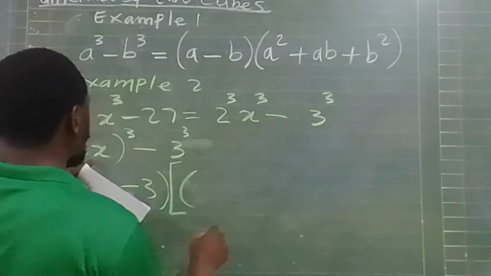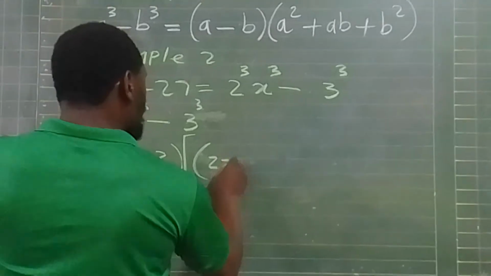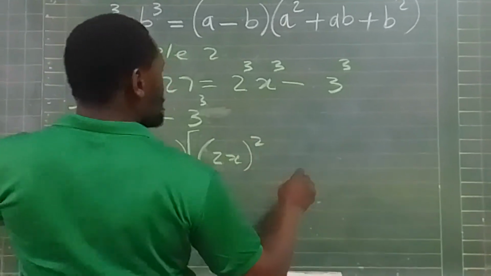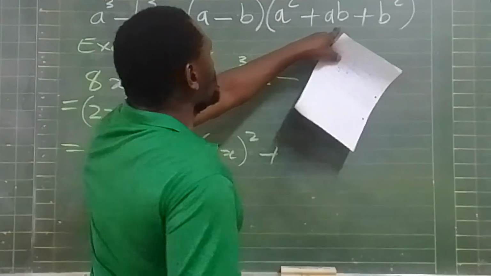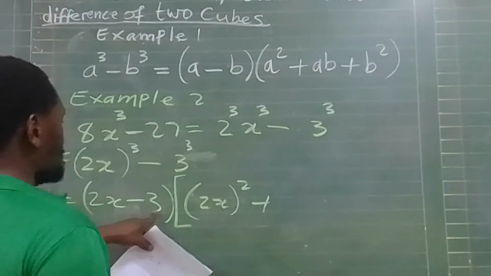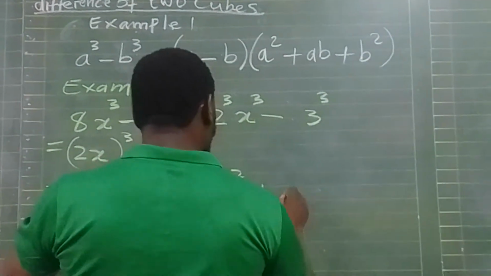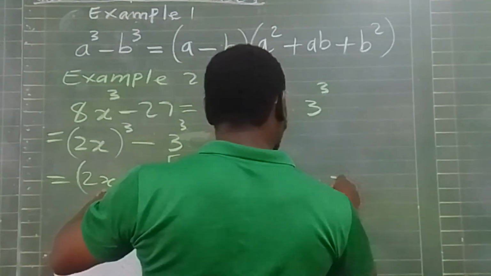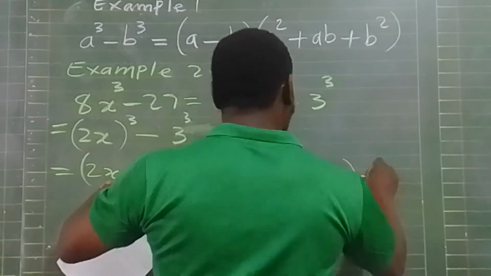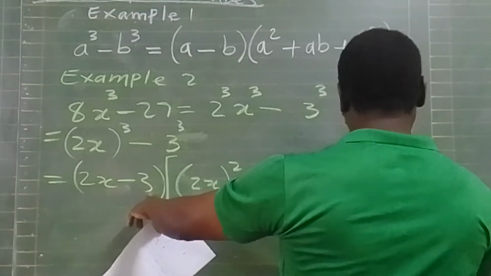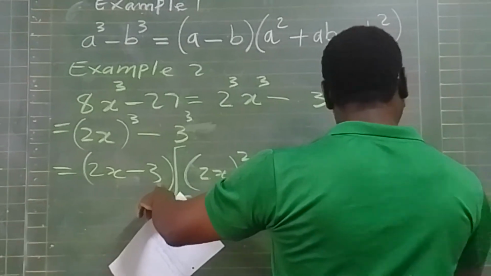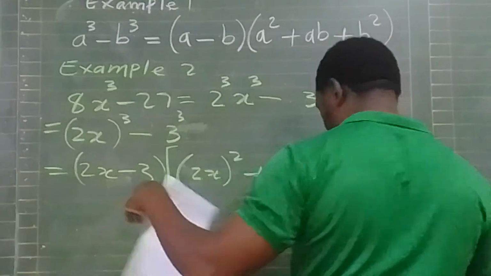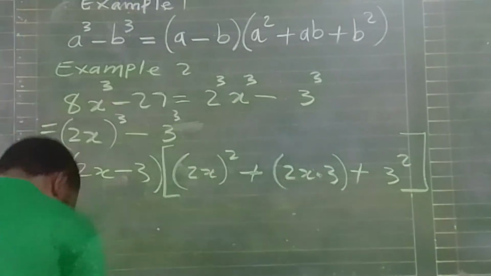I take my A and I square it. I add it to the product of A and B. Then I square B.